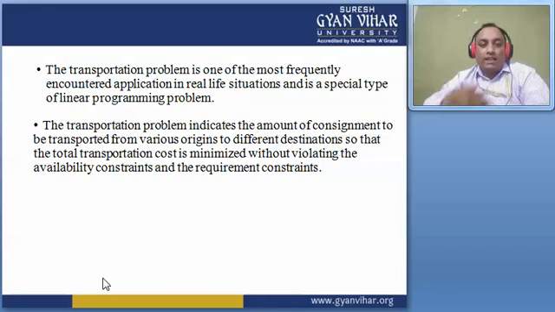Means that this type of application occurs without violating the availability constraints and the requirement constraints also. Move to the next slide.